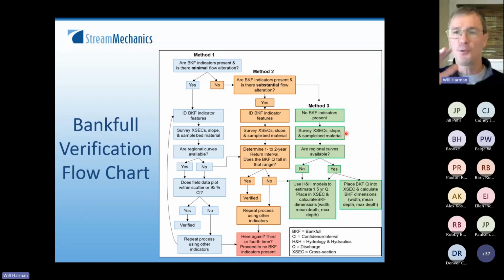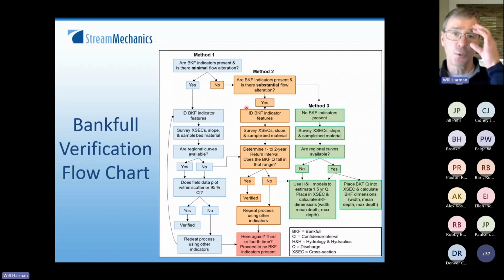If you're working in other states and you're curious about what the newer flow chart looks like, you can let me know, and I have another PowerPoint that shows a different version. But this is what we will use in both Wyoming and Colorado.